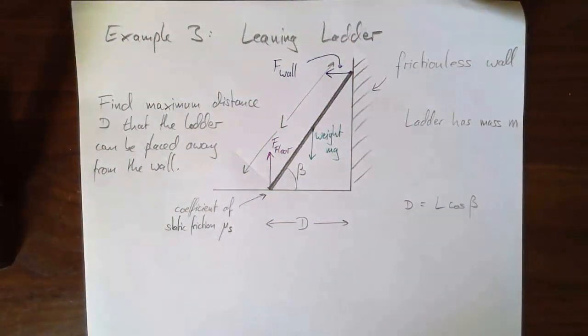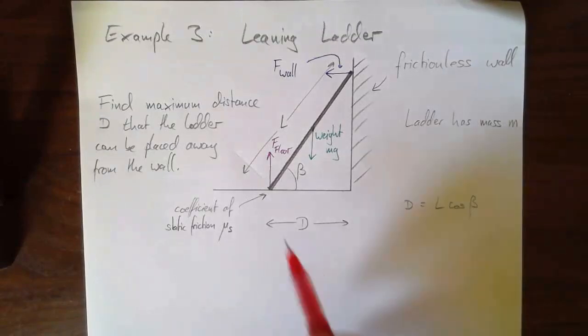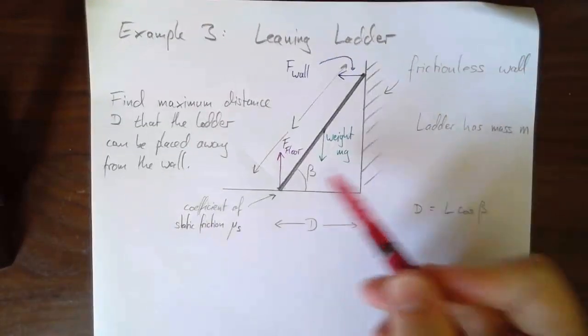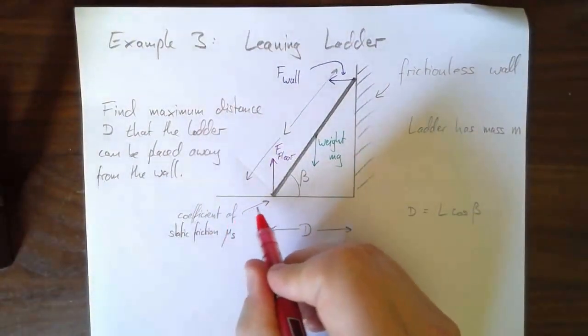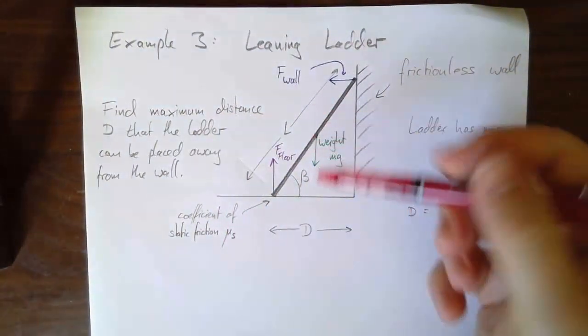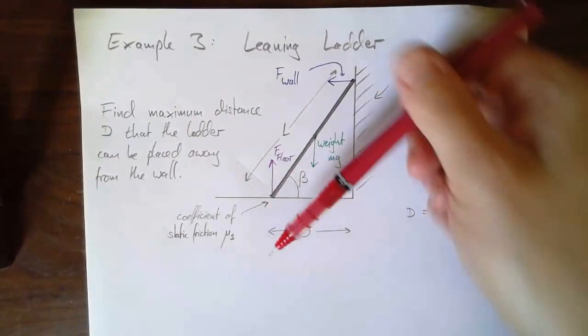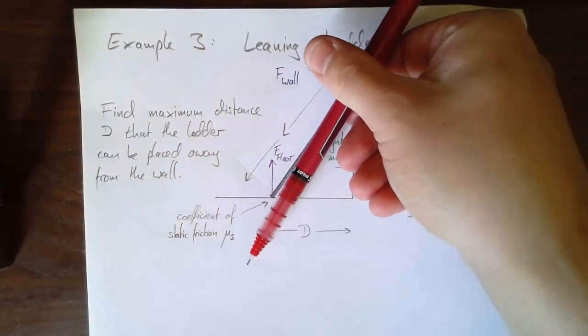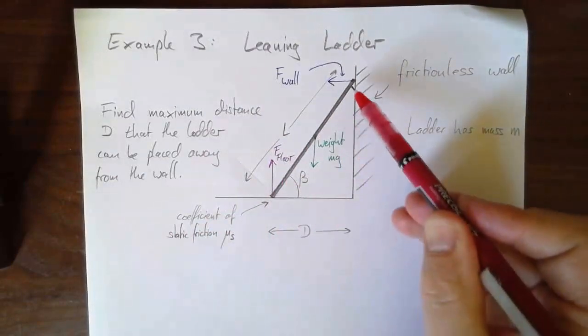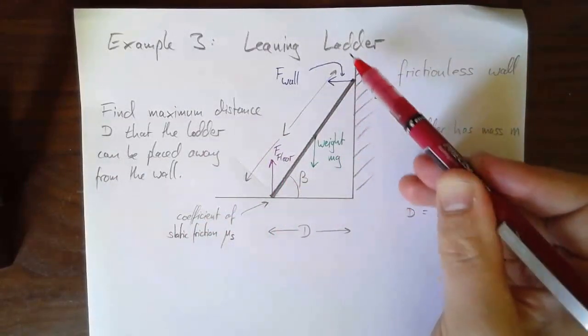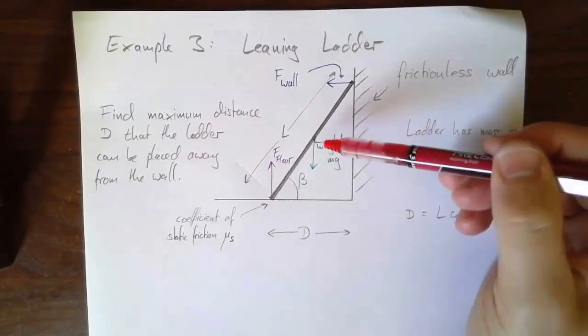And then we said there is friction. Again, if you try this on a sheet of ice, it probably wouldn't work very well. You wouldn't get a very big angle at all. There's a coefficient of static friction here. Which way is that force? Well, if it wanted to slide, the bottom would not be sliding to the right. That would mean the ladder would have to be moving upwards.